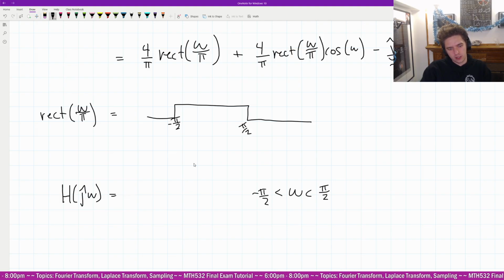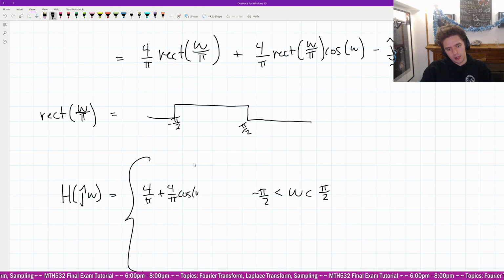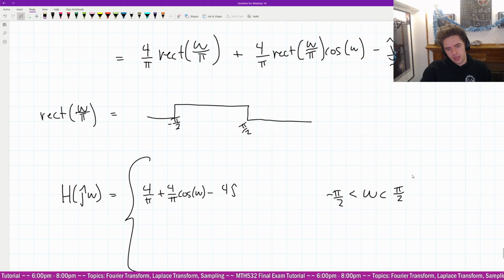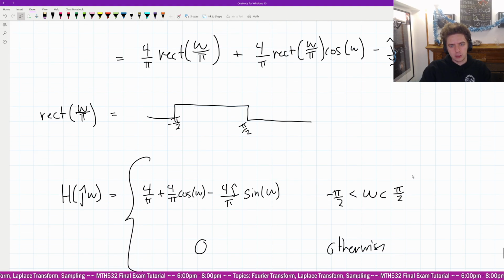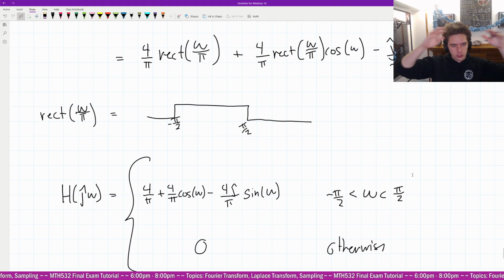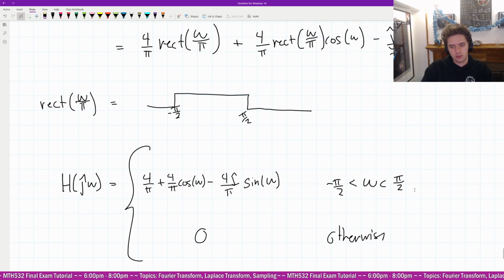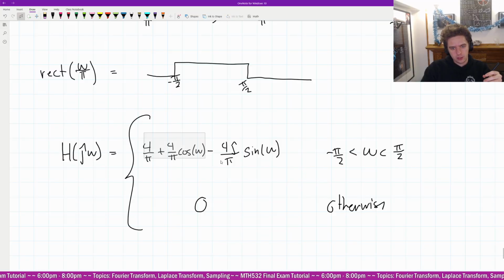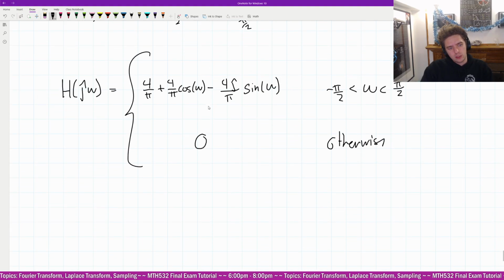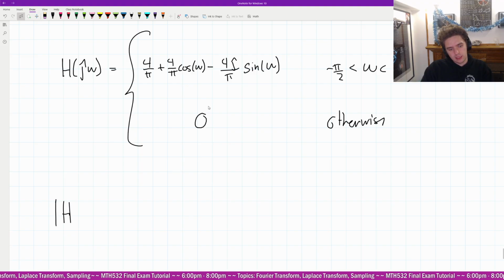The actual value of the function is 4 over pi plus 4 over pi cosine omega minus 4j over pi sine omega, and 0 otherwise. Because every term has a rect, right? So if you're outside of that range, it's just going to go 0. So everything's going to be 0 outside of that. So in this range, we just have this. Does this match what I had before? Yeah.